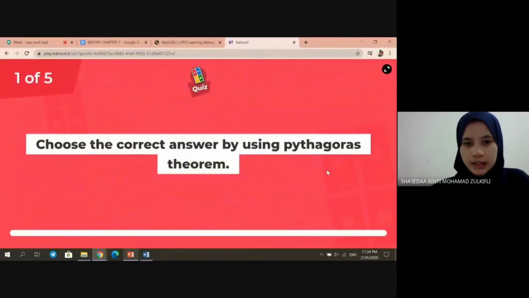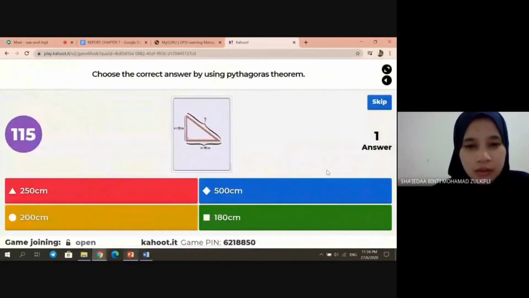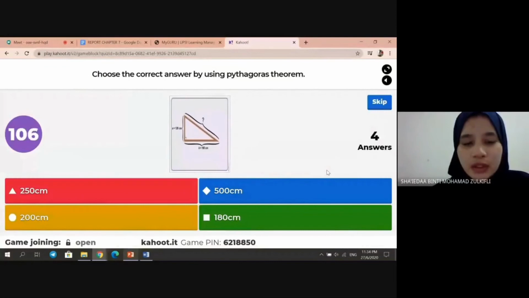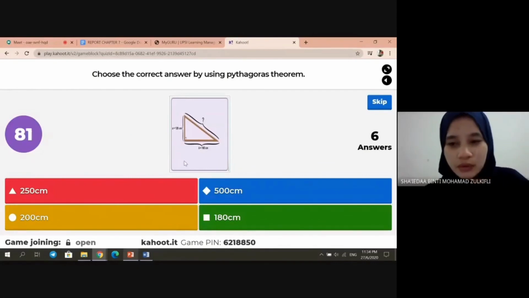Choose the correct answer by using Pythagoras theorem. I give you a lot of time to calculate your answer by using Pythagoras theorem. All of you remember that Pythagoras theorem: a squared plus b squared equal to c squared. Have you all answered?